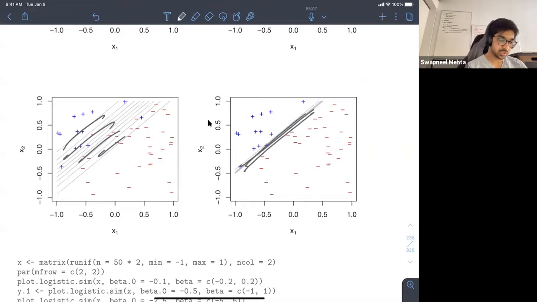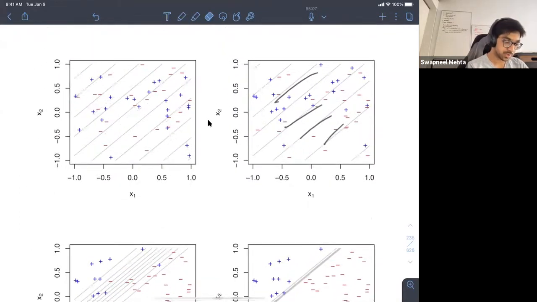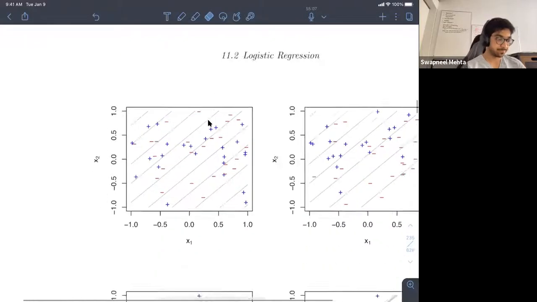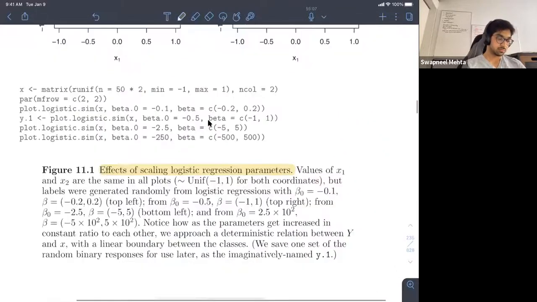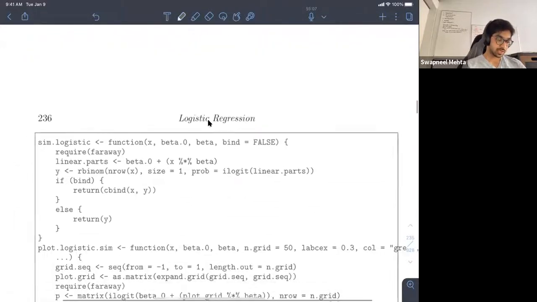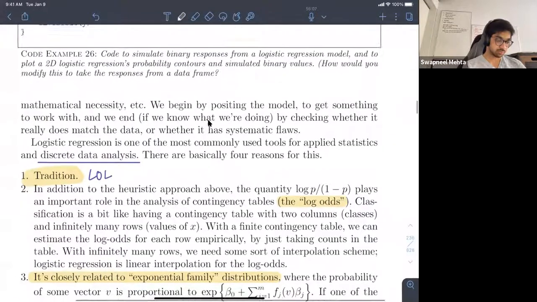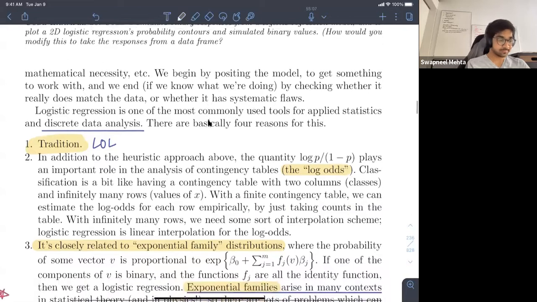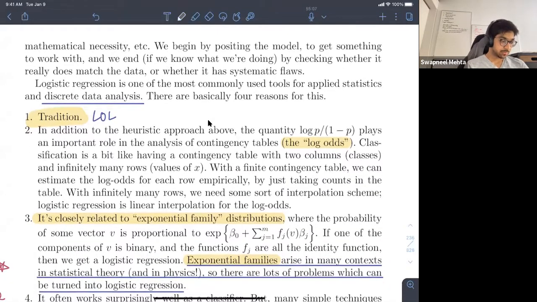So evidently, increasing the norm of the parameters makes the probabilities go to the extremes faster. I don't know exactly why he made that point there, I guess just as a note to remember. But okay, cool. So it is one of the most commonly used tools, logistic regression.